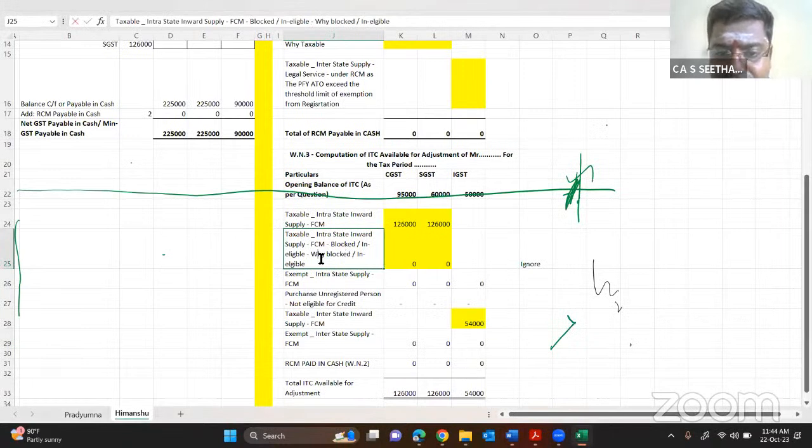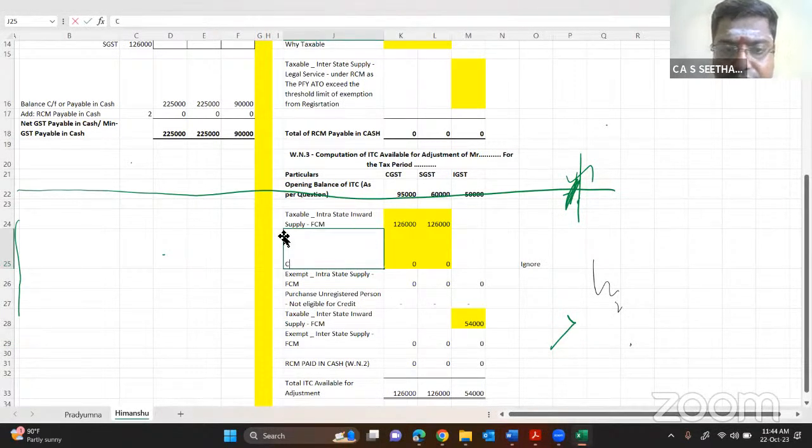So on purchase of car, blocked as the seating capacity is assumed to be 13 or less.